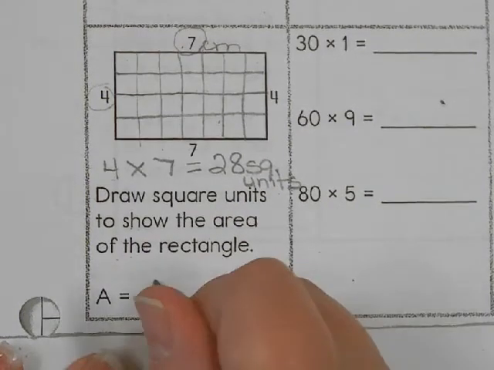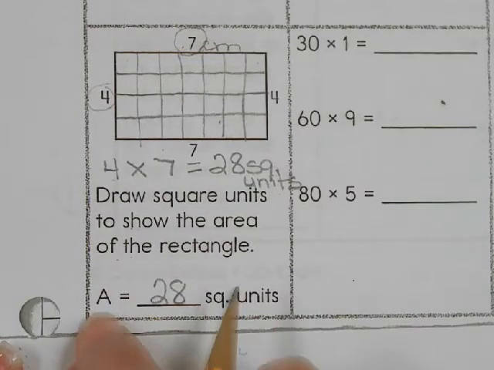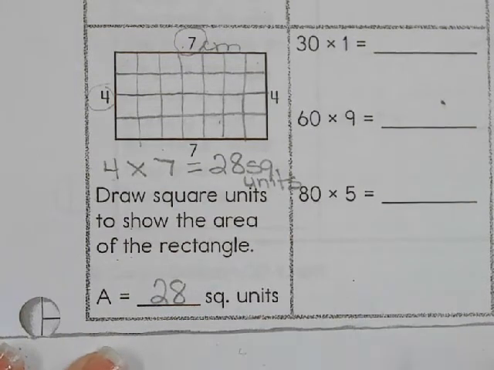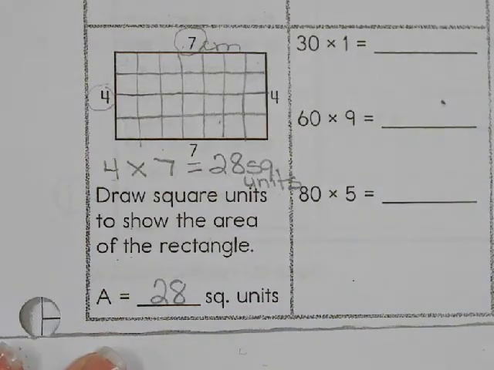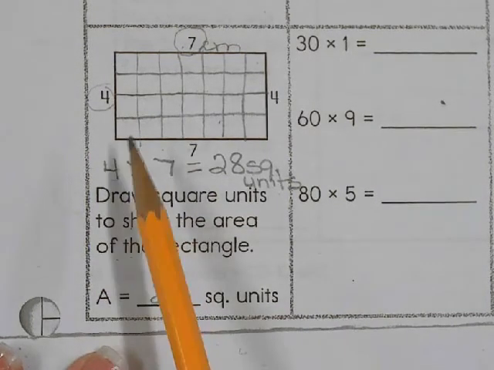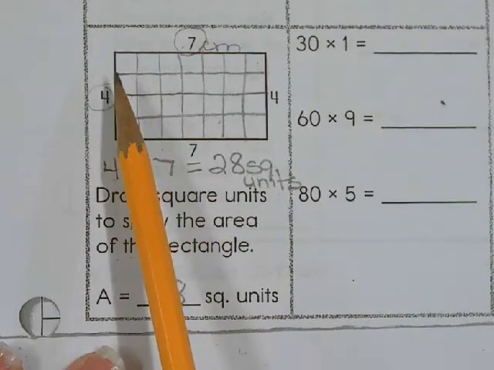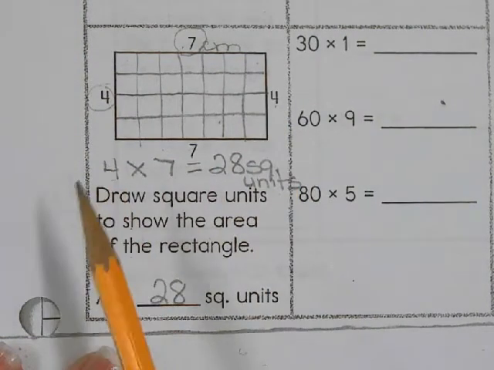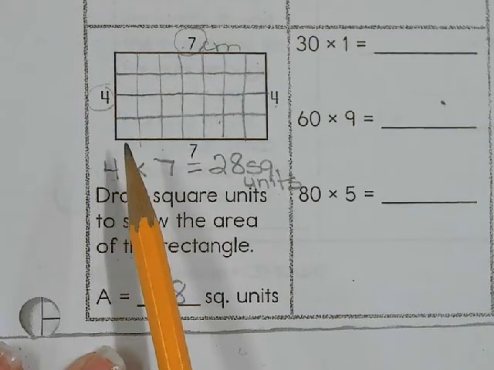So the A is representing area, and we know that there are 28 square units of area or space being covered inside of this rectangle, this quadrilateral. Now, just to remind ourselves, if they had asked for perimeter, and I think that's why they put the 7 and the 4 here, just to throw us off by making us wonder whether we remember what area is.